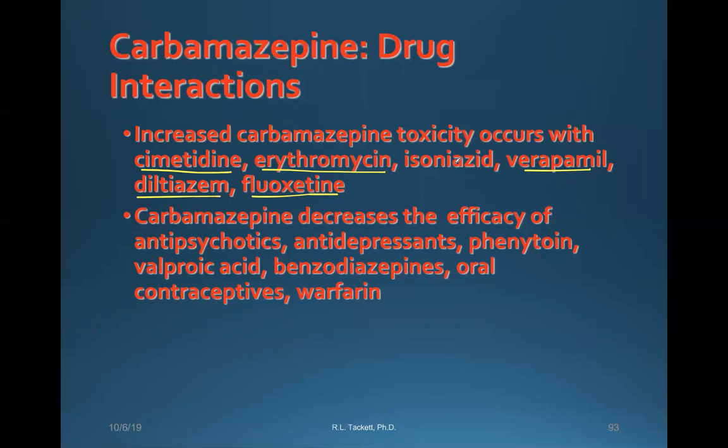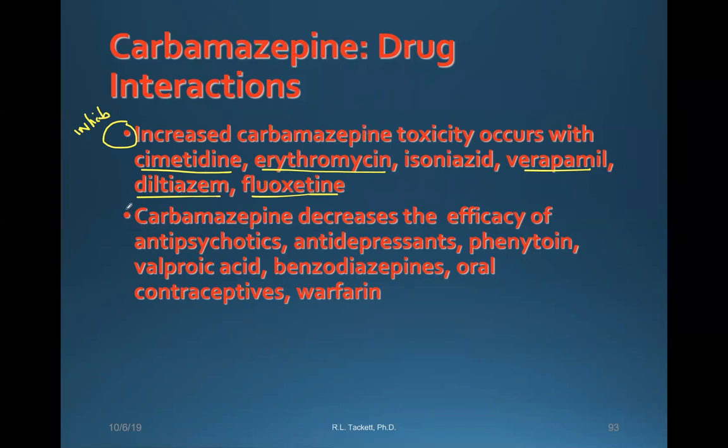The other thing we have to consider is that these types of drugs inhibit carbamazepine's metabolism, so we may get greater side effects associated with that. But the other thing is, remember that carbamazepine is a liver enzyme inducer. So this first bullet here is really talking about inhibition, that these other drugs inhibit the metabolism of carbamazepine.